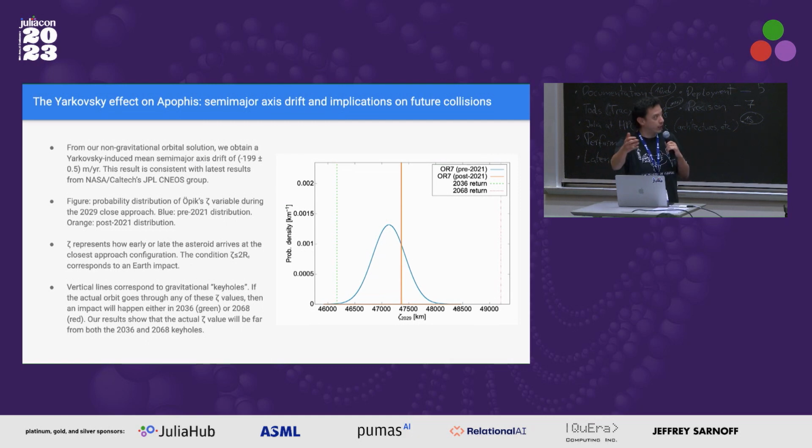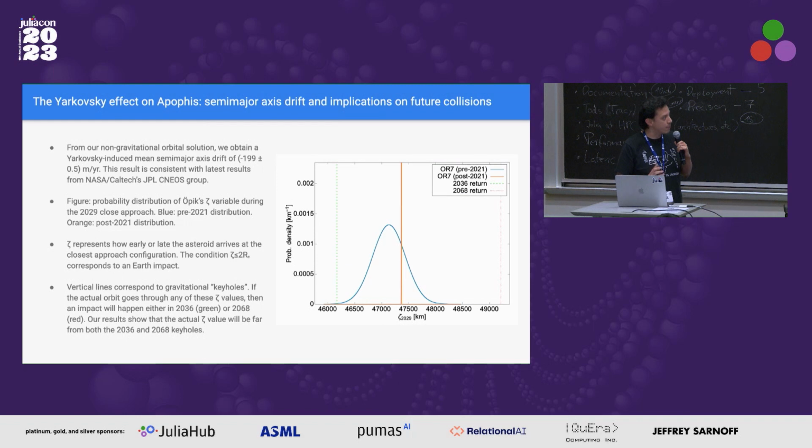After incorporating observational data up to 2021, we obtain the orange distribution, and these lines represent the little arcs that I was showing before, for a possibility of impact in 2036 and 2068, which are called the gravitational keyholes. We see that after incorporating astrometry up until 2021, these later impacts become impossible.